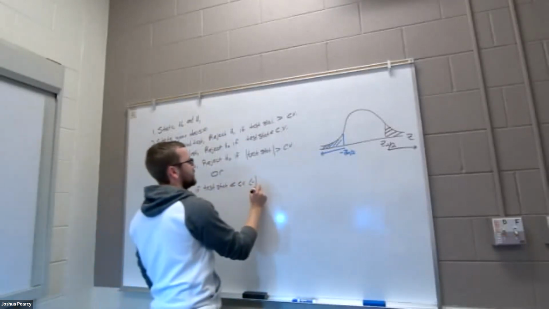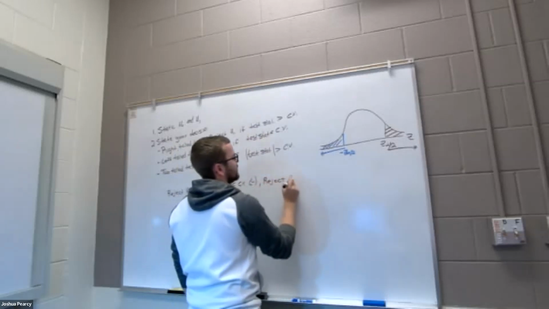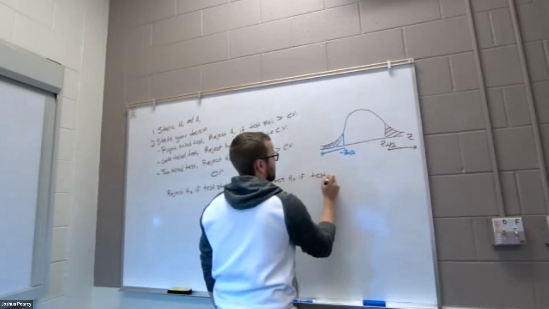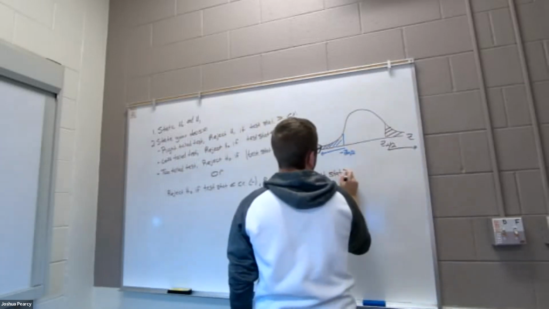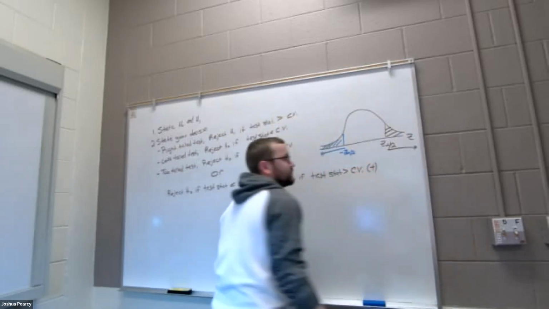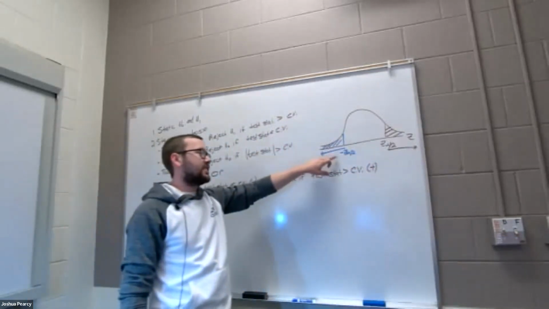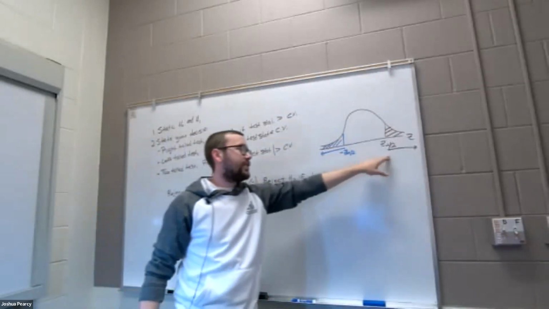Or reject the null hypothesis if your test statistic is greater than the positive critical value. And that's just what it's saying here. I reject if I get a test statistic that falls within this region here or within this region here.